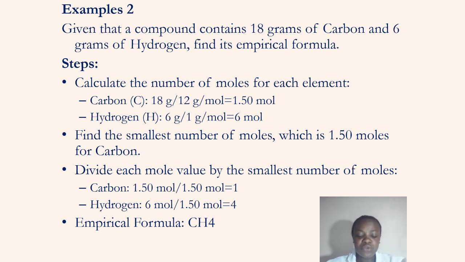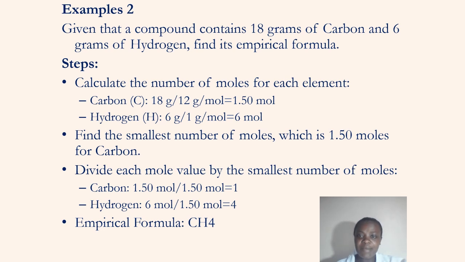Example number 2. We are given that a compound contains 18 grams of carbon and 6 grams of hydrogen. So we are supposed to find the empirical formula of that compound. We repeat the same procedure.